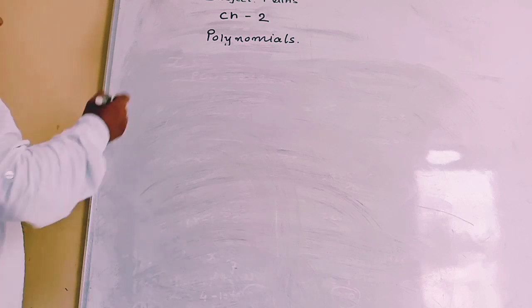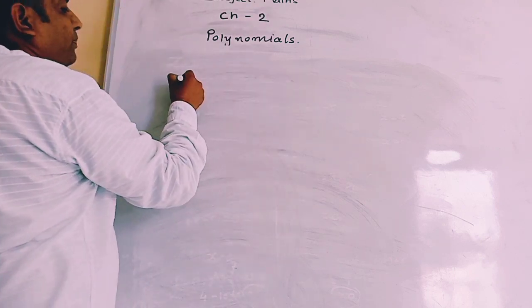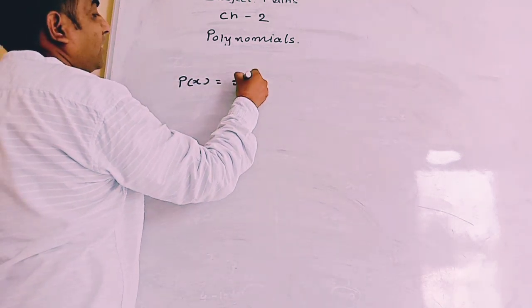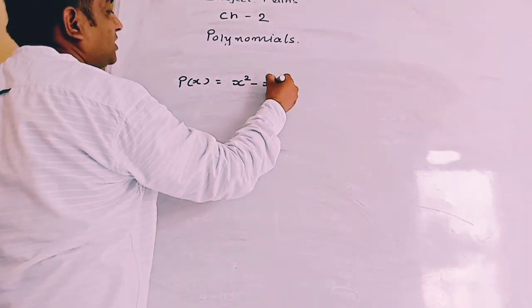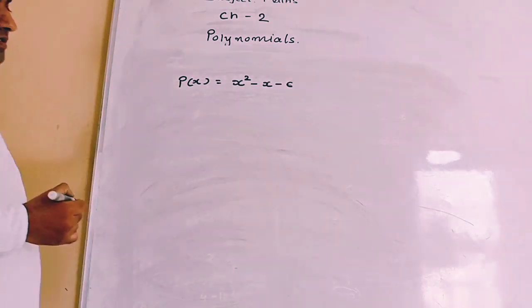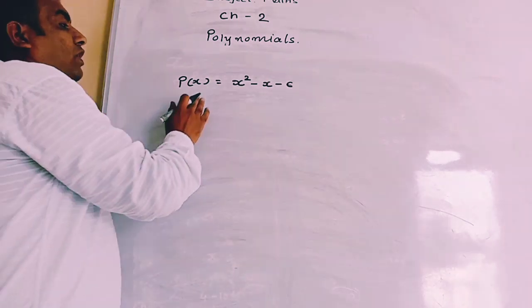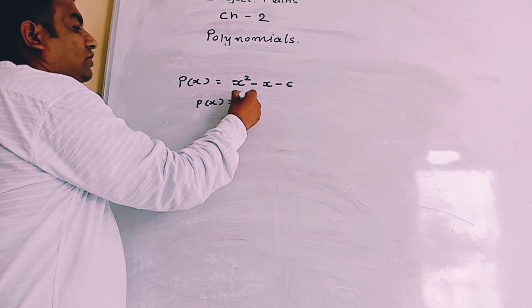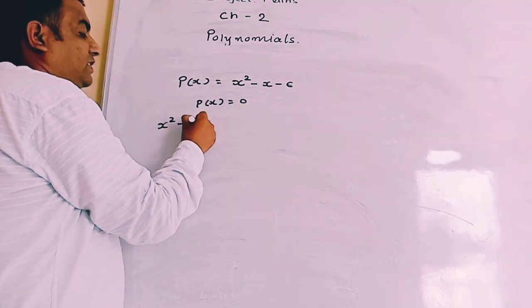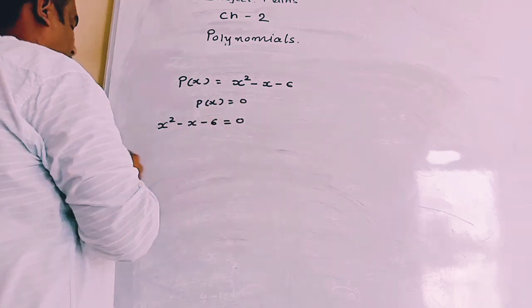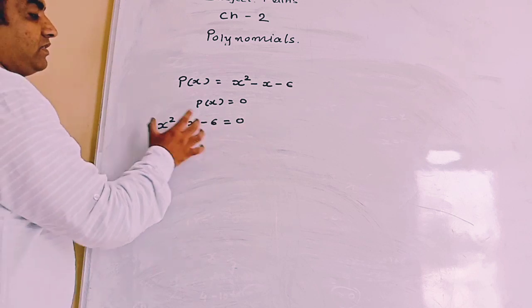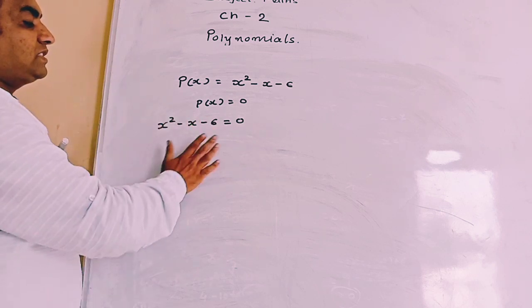Now suppose we want to find the zeros of a quadratic polynomial, p(x) equals x square minus x minus 6. For the zeros we know that the polynomial value equals 0, that is, x square minus x minus 6 equals 0. Here we use the splitting method of factorization that we have studied.